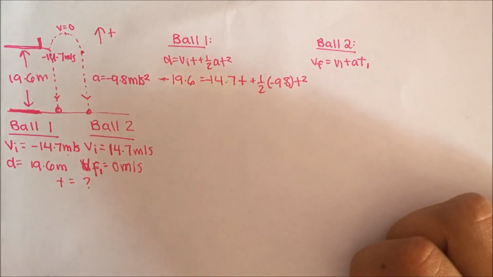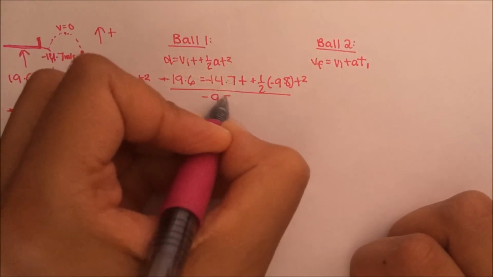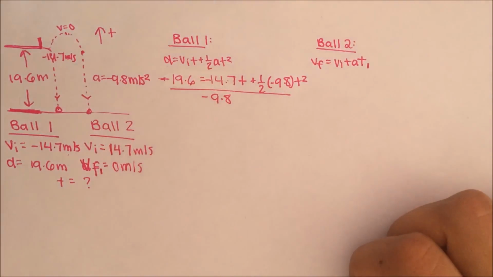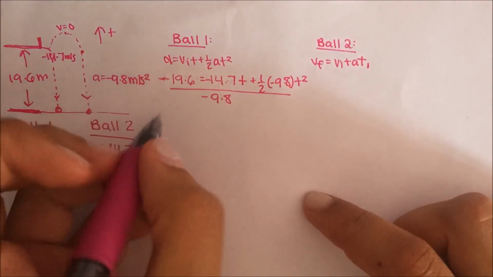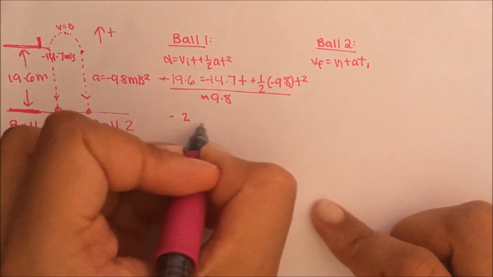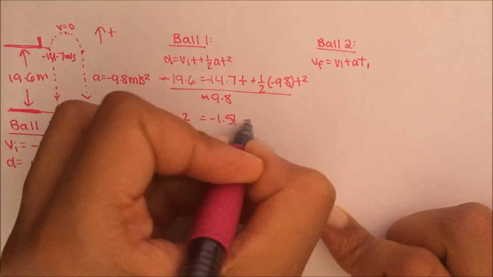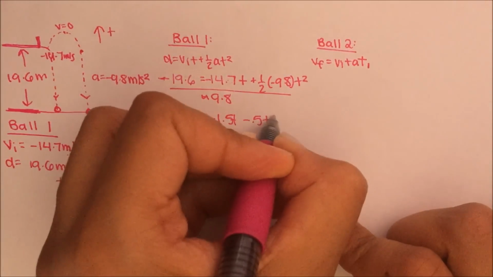So to simplify this a little bit so we can actually solve for it, we're going to divide the entire thing by negative 9.8 so we get nicer numbers. So based off of that, we're going to divide by 9.8, and that is going to give us negative 2 equals negative 1.5 t minus 0.5 t squared.